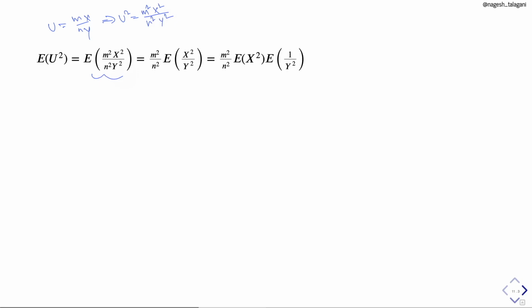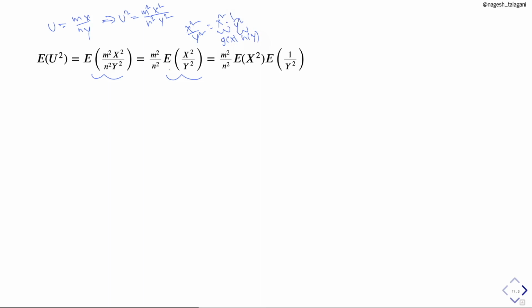This we can write as m square by n square times the expectation of x square by y square. Again, this x square by y square we can see as x square times 1 by y square, like a g of x times h of y. Since x and y are independent, the expectation of g of x times h of y must be the same as the expectation of g of x times the expectation of h of y.